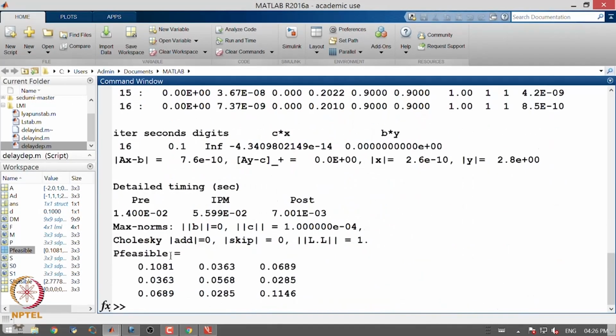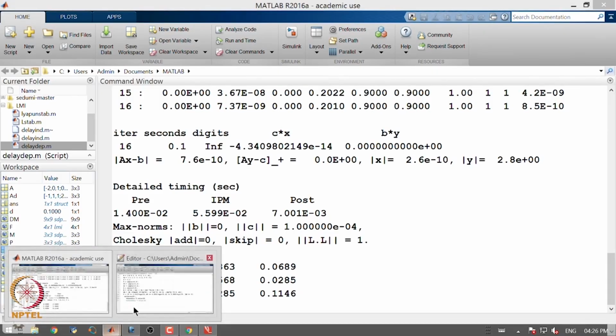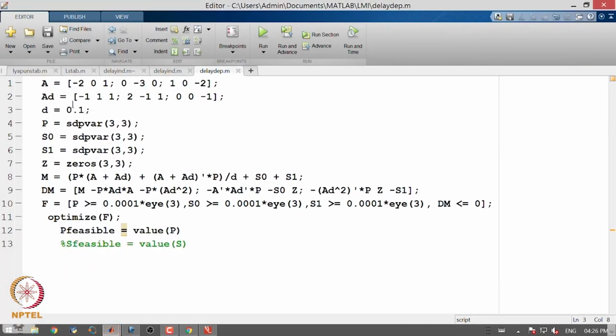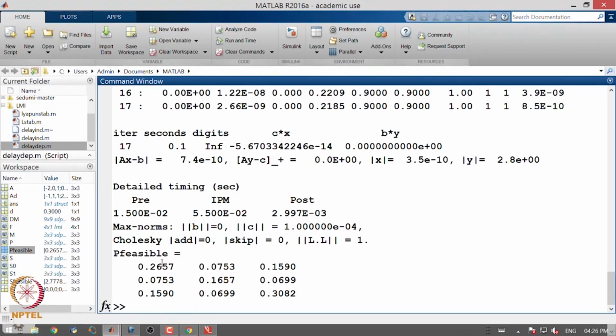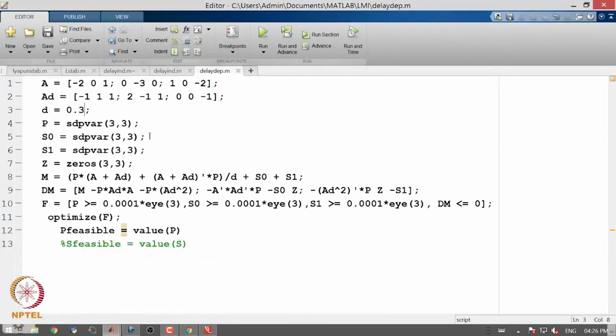There is no infeasibility condition. So, for 0.1 the system is stable. Let us say now I go to 0.3. Still seems to be good, right. There is no infeasibility condition here. Now, let me say D is, say, 1.